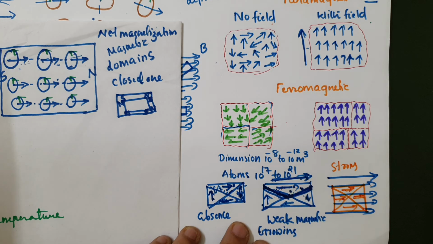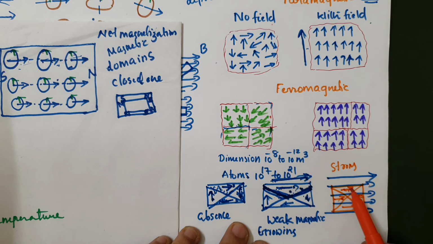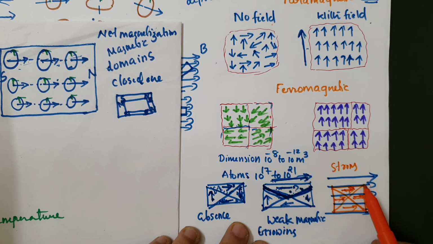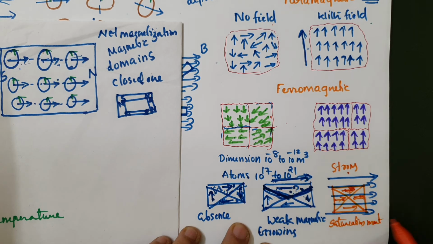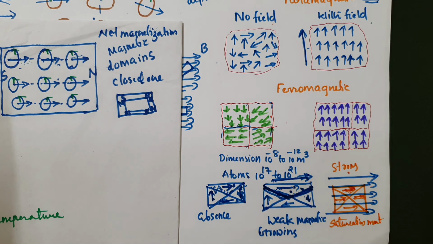And finally, at this limit, the magnetic moment at which all are aligned parallel to the field is called the saturation moment.